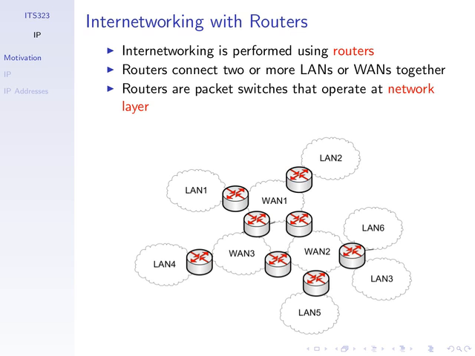Just concentrate on two parts. LAN 1 is connected via router to wide area network 1. Just these two subnets. And actually we'll go up to LAN 2 as well. Let's say we have a host or we have a station attached to this LAN.